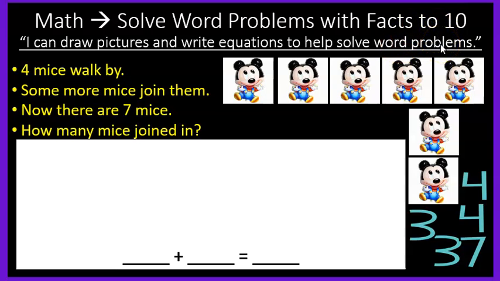Okay? And the more we read our I can statements, you're really going to understand that also. So basically, what our I can statement is saying is that you're going to be able to draw pictures based on the word problems and you're going to be able to write equations to help you solve this, okay?